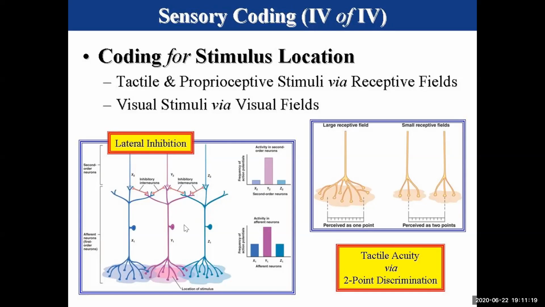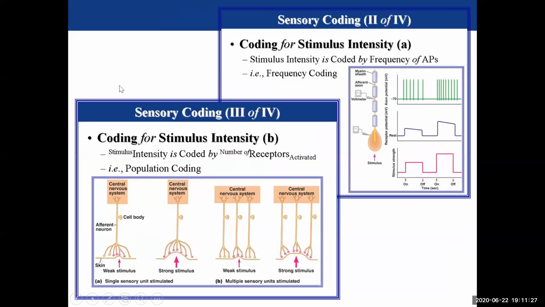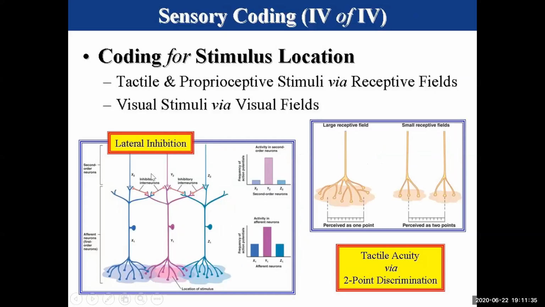So one way is the same 3 neurons from the previous slide. These 3 neurons are being magnified, and this is how the brain can basically fine tune the signal.